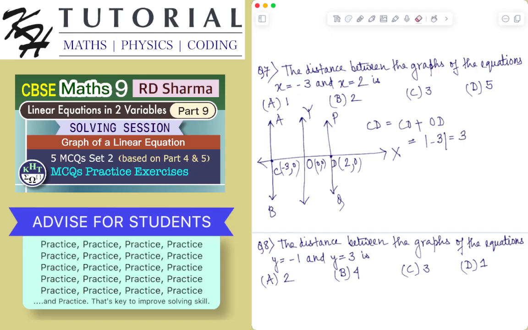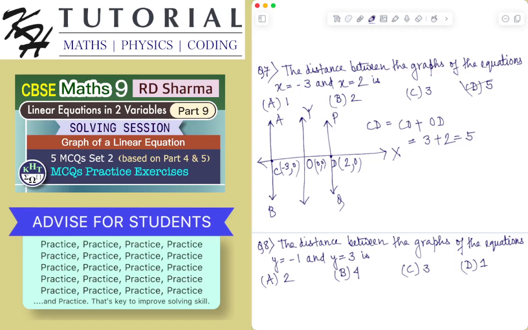And OD: since the x coordinate is already positive, the point D is at a distance 2 units from the origin O, and the point C is at a distance 3 units from the origin O. So the length of CO and OD will be 3 plus 2, which is equal to 5. So the correct choice is D.